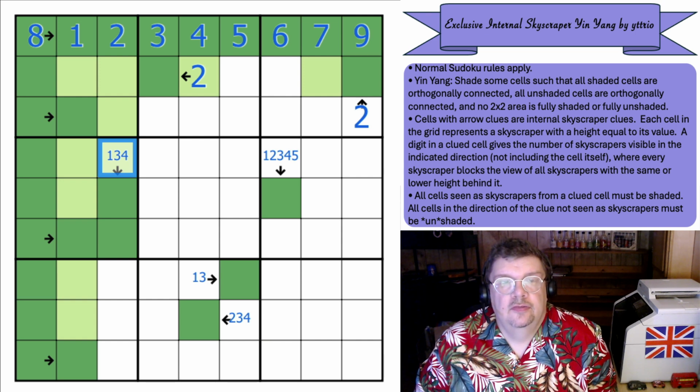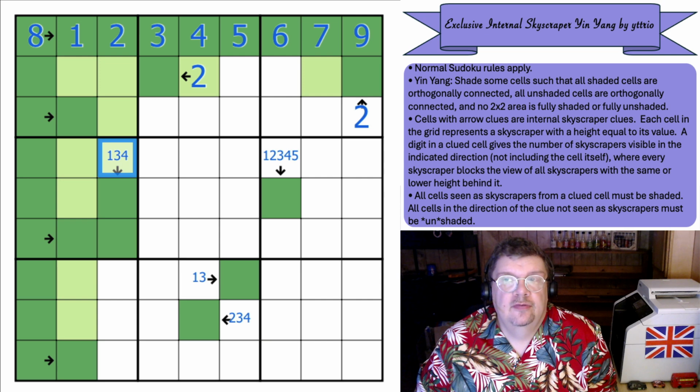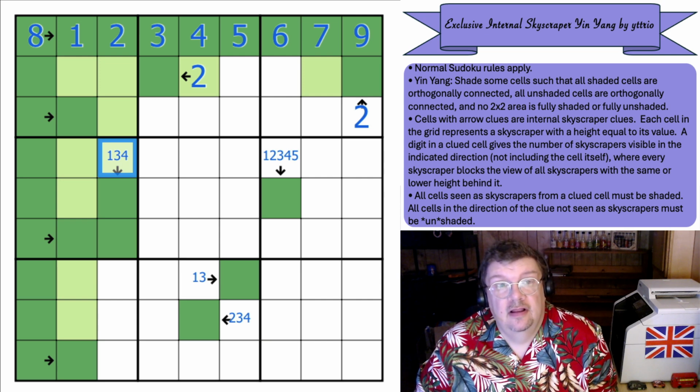I think that 9s are going to be important. Because if a clue points at a 9, then that must be the last shaded cell in the direction from the clue. And everything else must be unshaded after that.